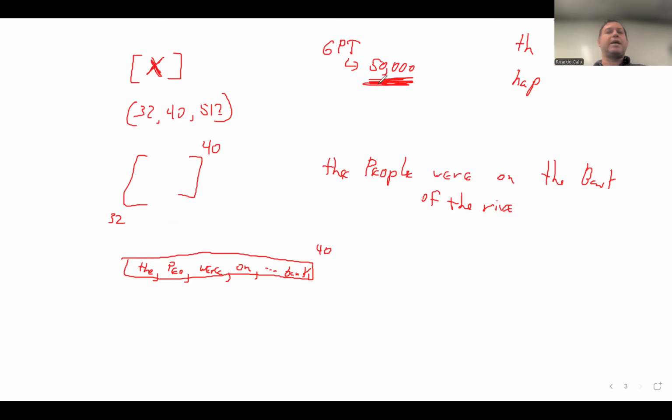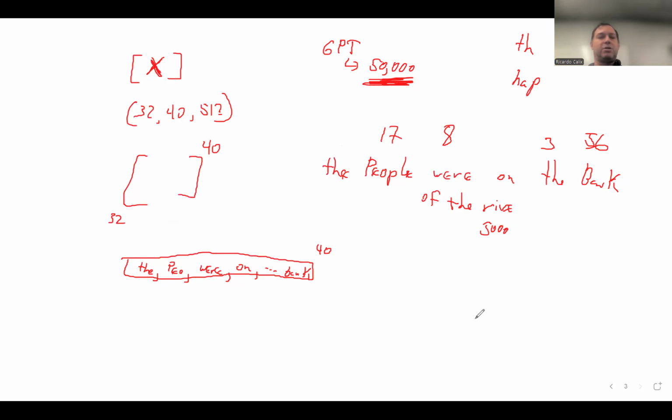Then you create a vocabulary and map each one of these strings to an integer. For instance, people could be 17. Bank, let's say, is 56. The is 3. Were is 8. River is 5,000 for some reason. So every one of these is just an integer.